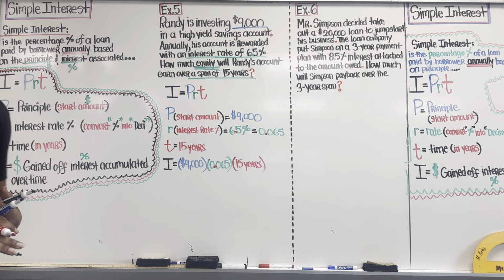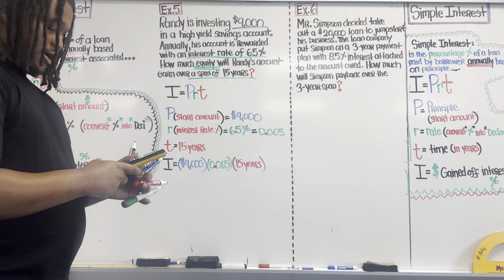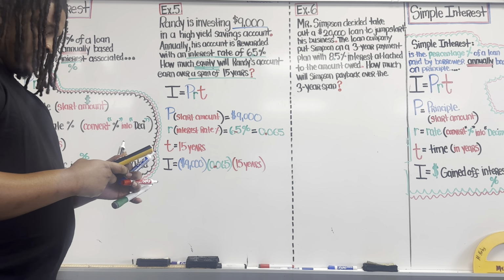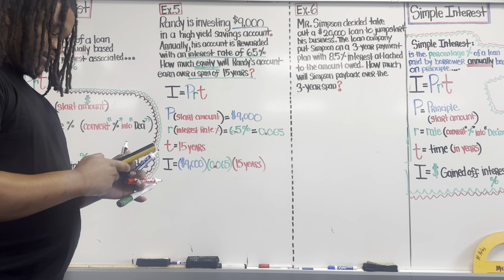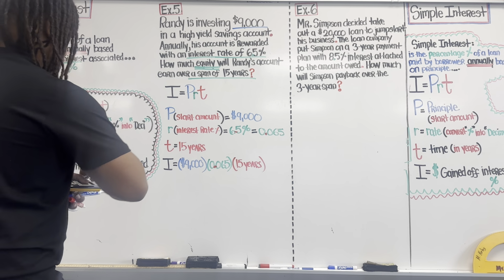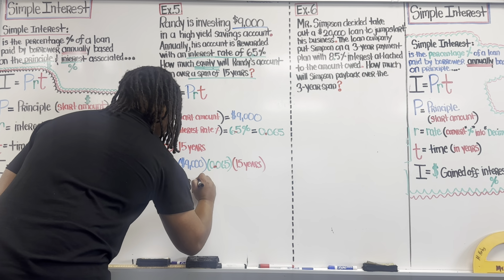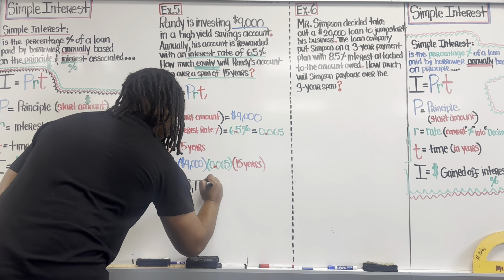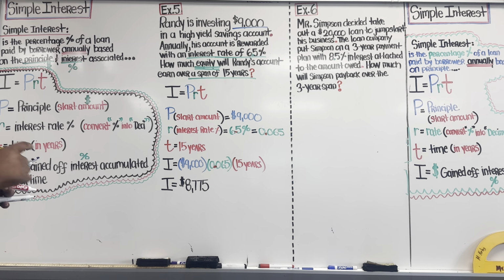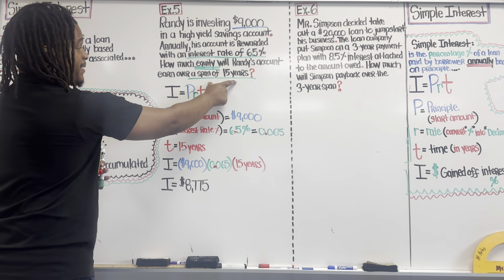Okay, now I'm going to get a calculator, guys, and all you have to do is multiply those three numbers together. 9,000 times 0.065 times 15 gives me an equity of $8,775, right? So this is how much equity will be added to the account over a span of 15 years, right?